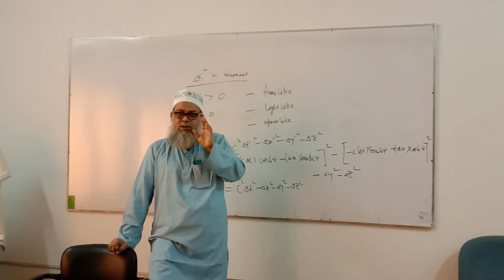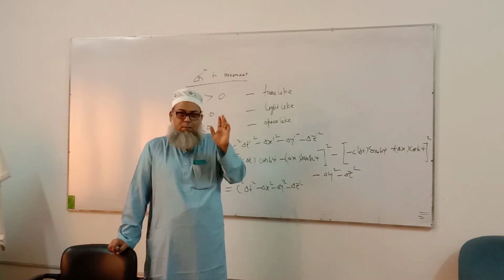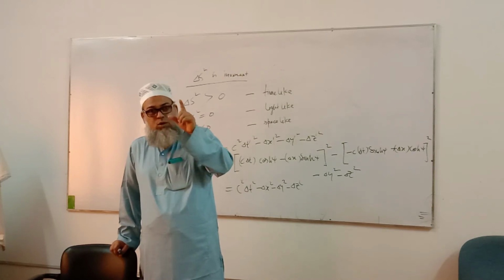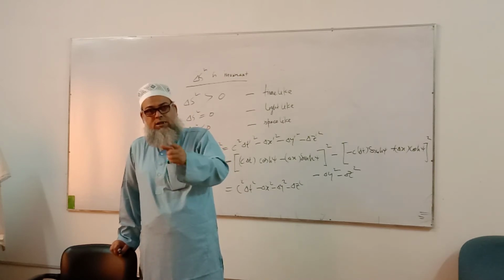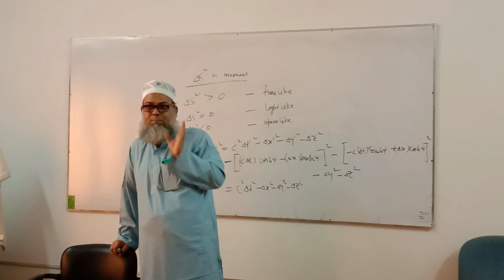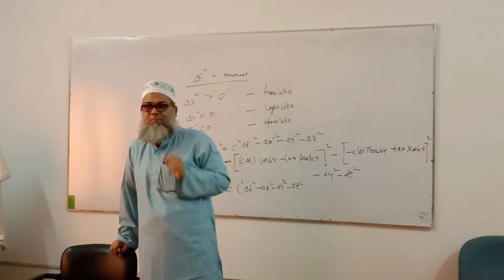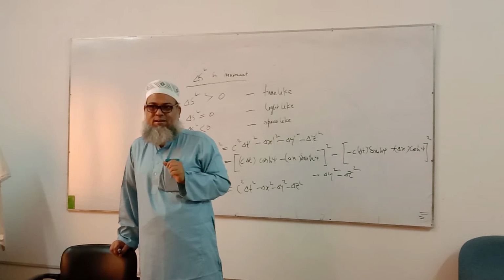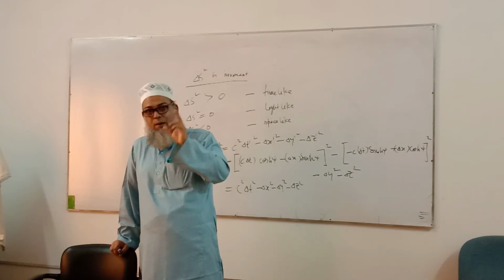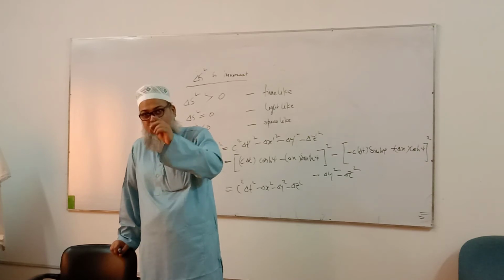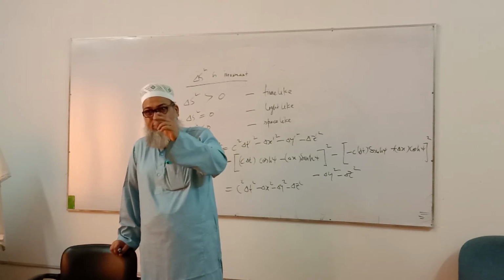If two events are separated by a time-like interval, then you can find a frame where the two events occur at the same place in space. The only difference between the two events is time. That's why it's called time-like. When an interval is time-like, you can find an inertial frame where the two events occur at the same space point, and the interval is given only by the time interval squared.